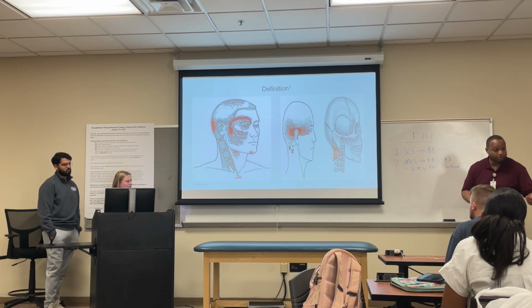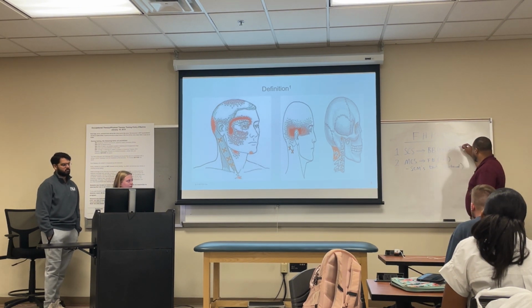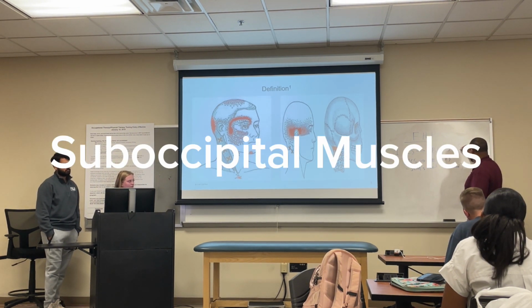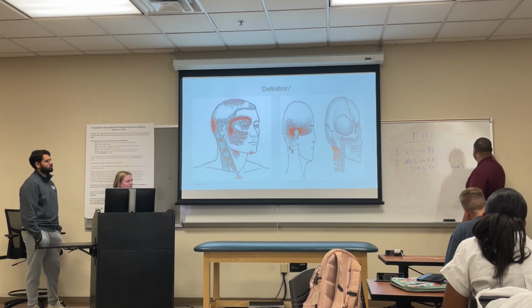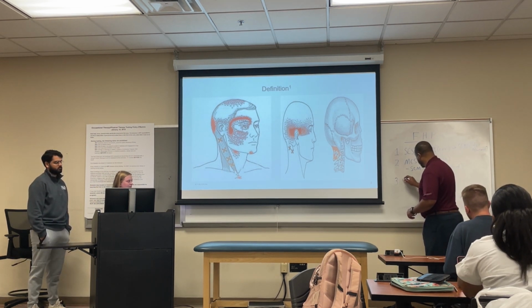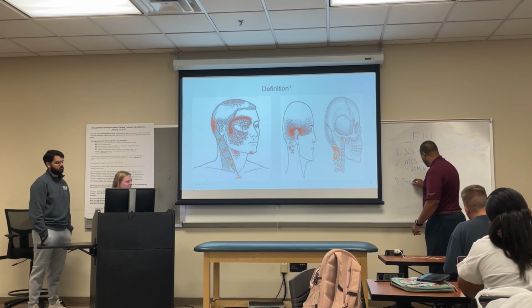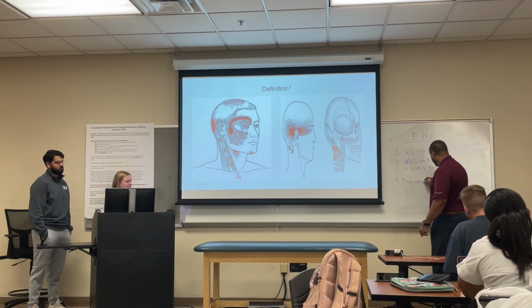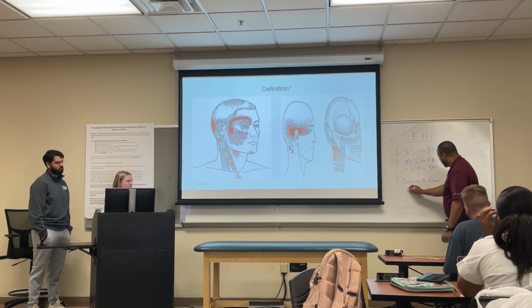They become taut and shortened as well. So the suboccipital muscles are taut. That's a problem. The deep neck flexors, I'm going to write 3. Who can guess what happens with the deep neck flexors? They become elongated.